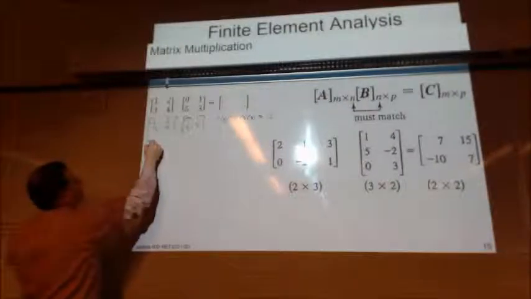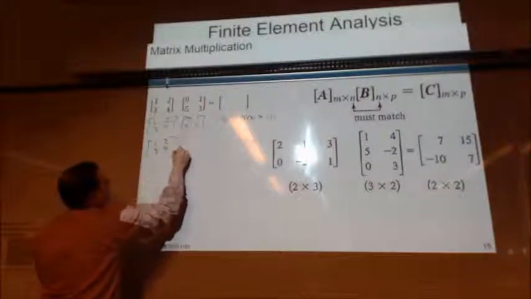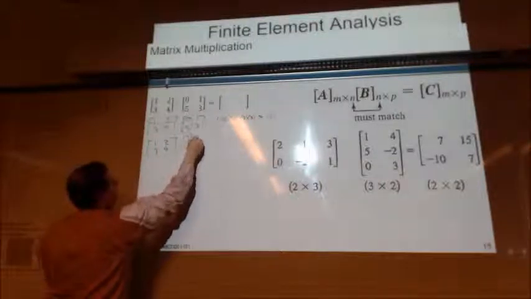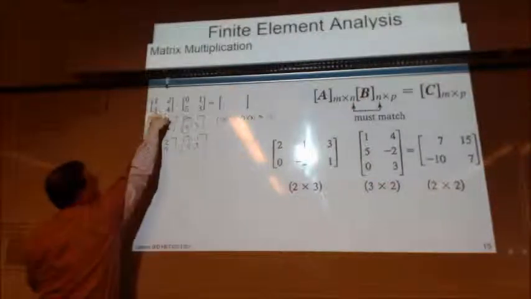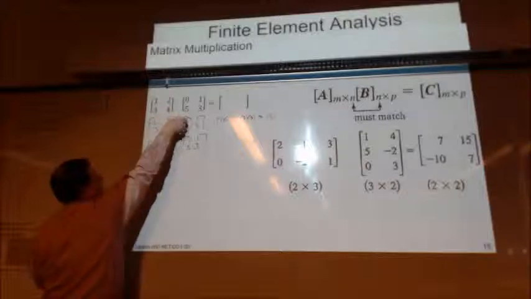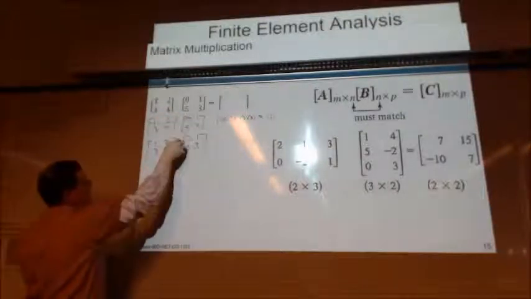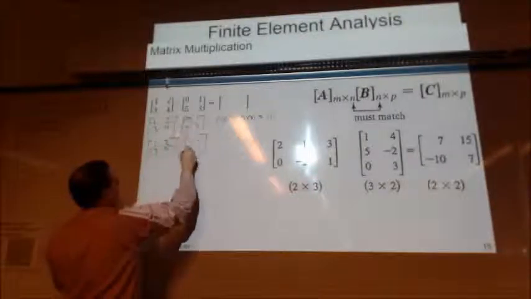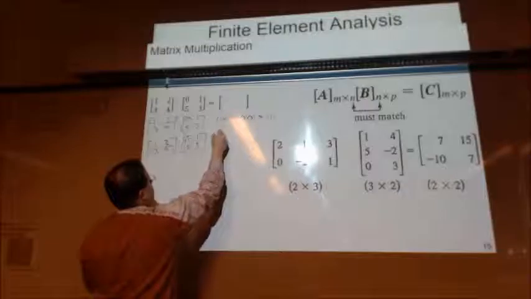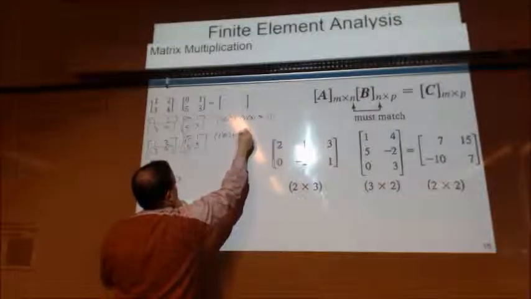So we did this row, that column. Now we'll do this row and the first column again. So 3 times 0 plus 4 times 5.